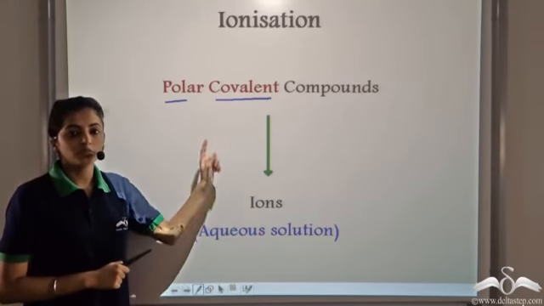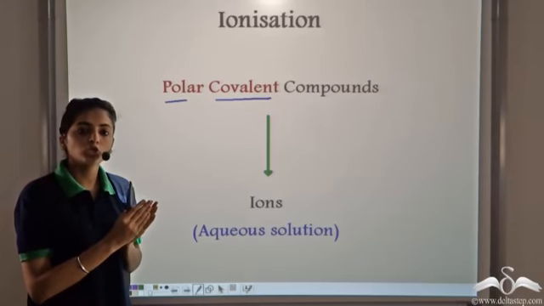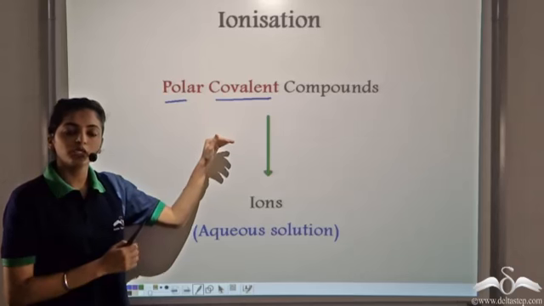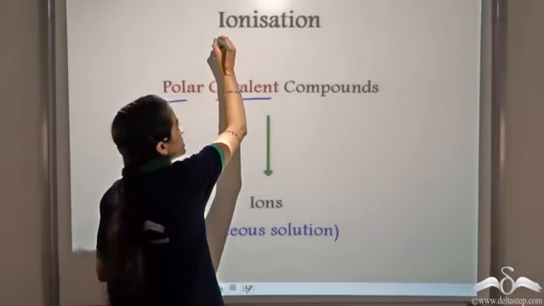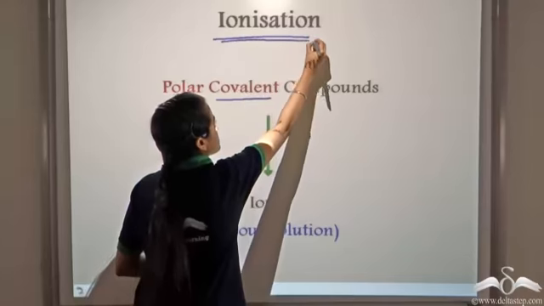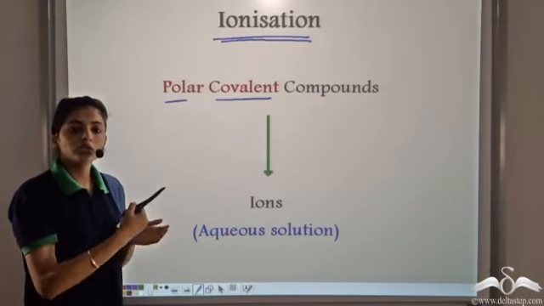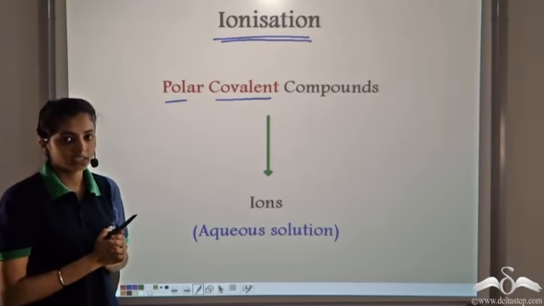This is because in polar covalent compounds, there is separation of charges, so on addition of water, the two ions separate out. And when polar covalent compounds form ions, this process is known as ionization, because the polar covalent compound ionizes to form the ions.